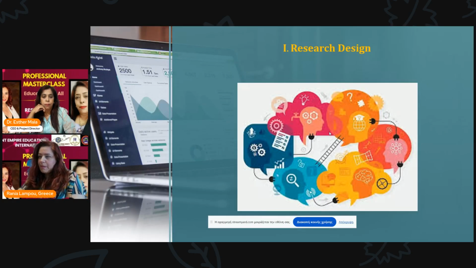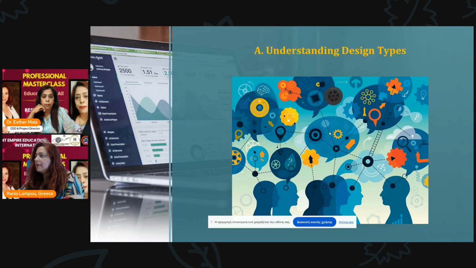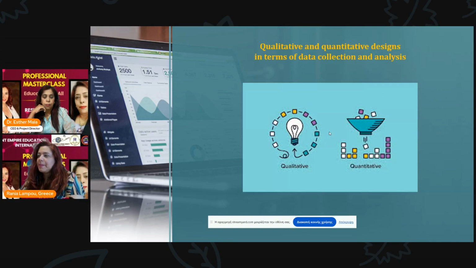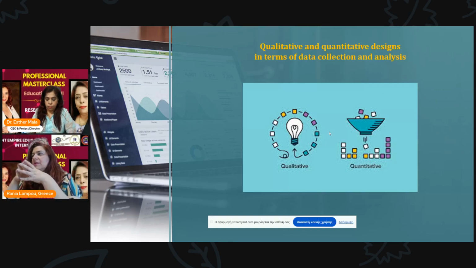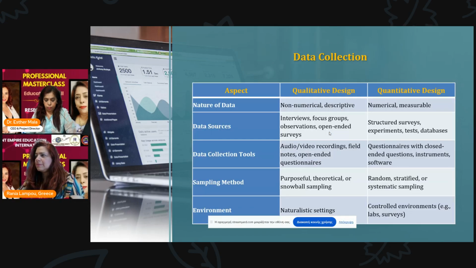Now, what about the research design in more detail? We need to understand the design styles and how qualitative and quantitative designs differ in terms of data collection and analysis. Here you can see the nature of data. In qualitative design, the nature of data is non-numerical, descriptive. On the other hand, quantitative design is numerical and measurable. What about data sources? For qualitative we have interviews, open-ended surveys, focus groups, observations. For quantitative design we have structured surveys, experiments, tests, databases.